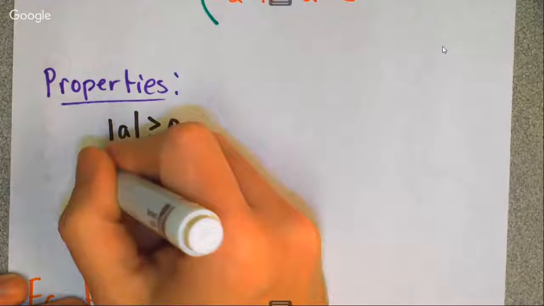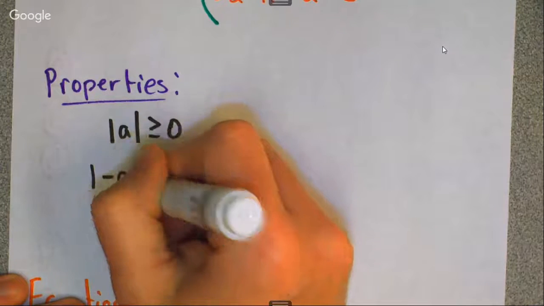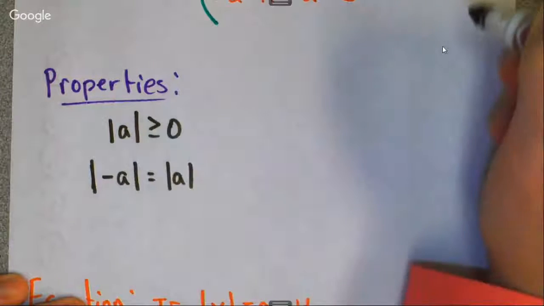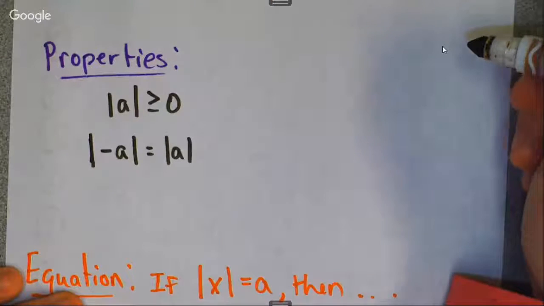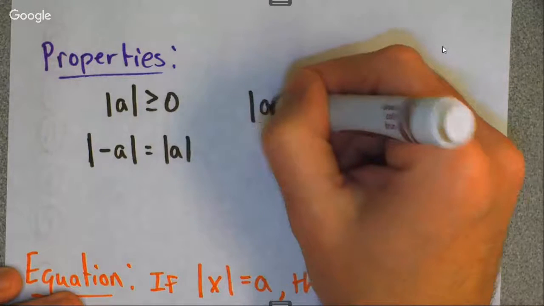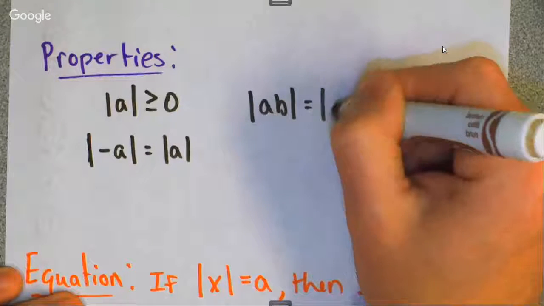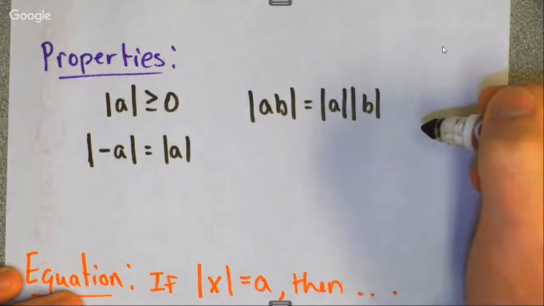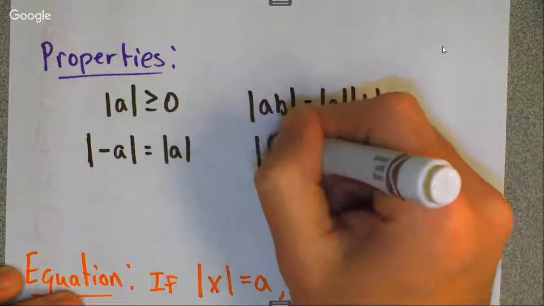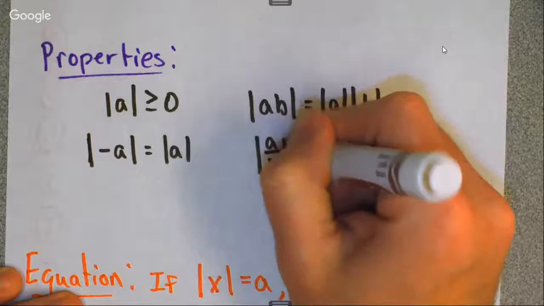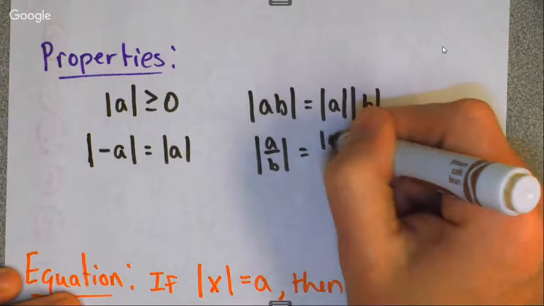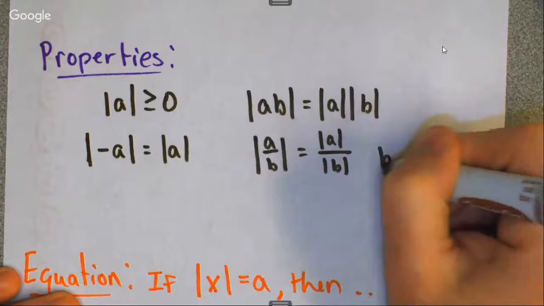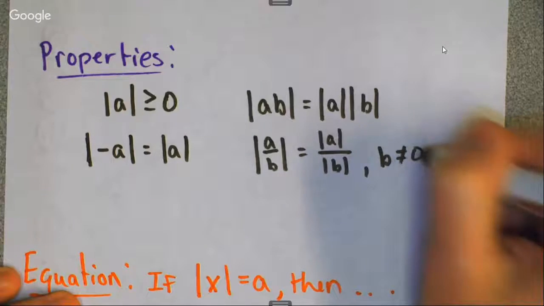The absolute value of negative a is the absolute value of a. The absolute value of AB is the absolute value of A times the absolute value of B. And we can also split up division. So the absolute value of A over B equals the absolute value of A divided by the absolute value of B. B cannot equal 0.